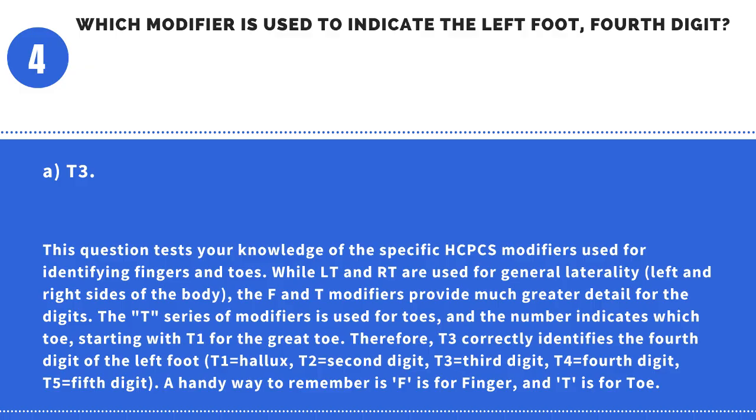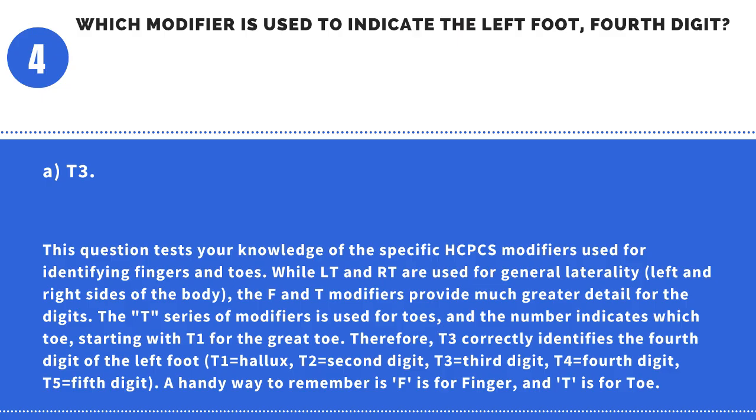Answer: A. T3. This question tests your knowledge of the specific HCPCS modifiers used for identifying fingers and toes. While LT and RT are used for general laterality, left and right sides of the body, the F and T modifiers provide much greater detail for the digits.